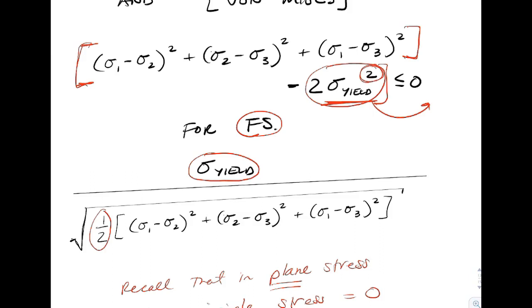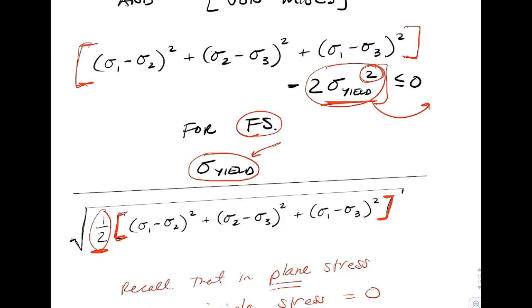So it's a little bit of an involved calculation, but all it is that quantity right there, right? The diameter squared of all 3 circles. We're going to take that quantity, multiply by 1/2, and then take the square root of the entire quantity. That becomes the calculation of the demand on the system that we can compare to sigma yield.